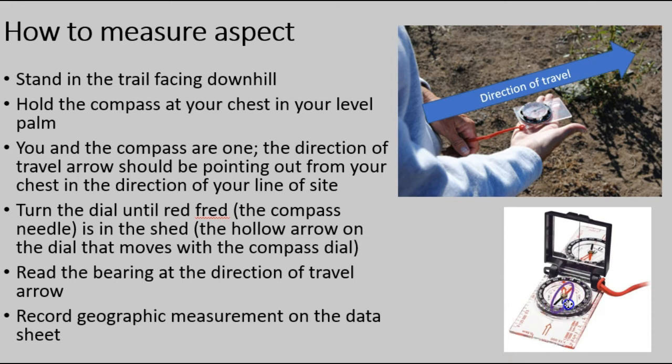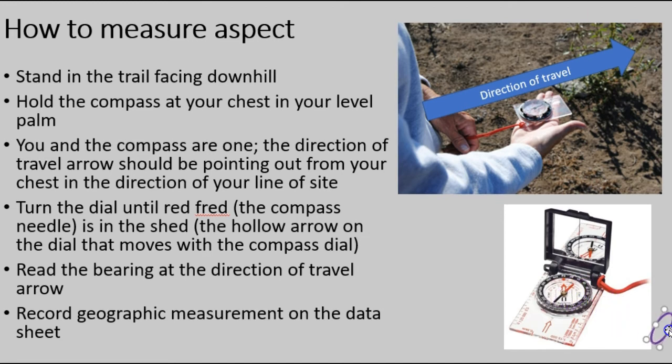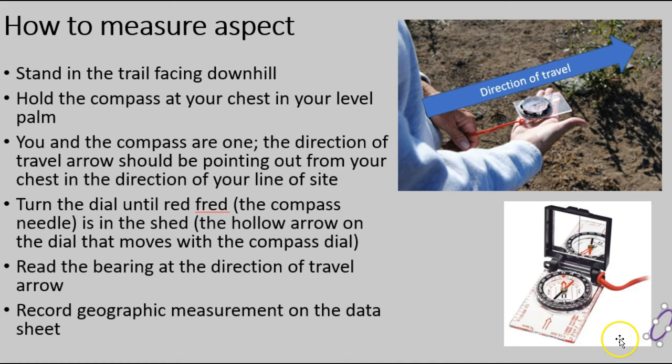And then here, this floaty arrow is Fred. Fred always points to the north, okay? You don't always have to be standing to the north. If we turn the dial right now and we put red Fred in the shed, we can see that we would be just off center of north.